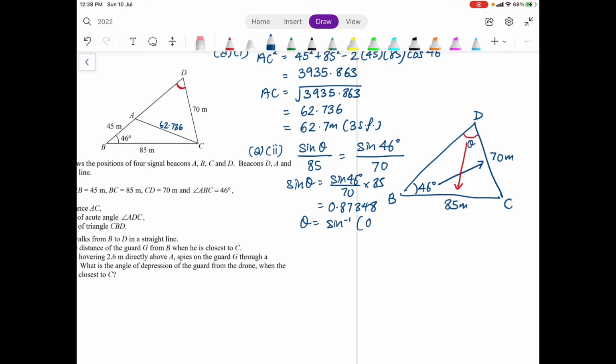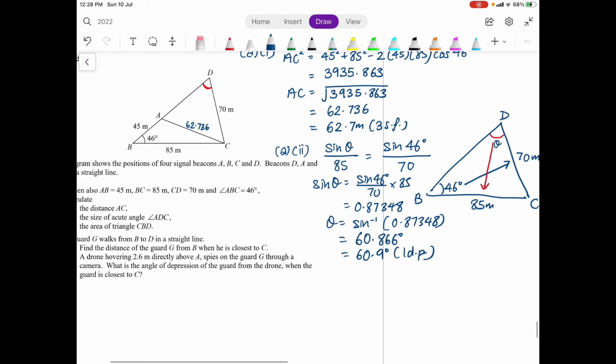Theta equals sine inverse 0.87348. I'll get 60.866 to 3 dp, 60.9 to 1 dp. That's for part 2.